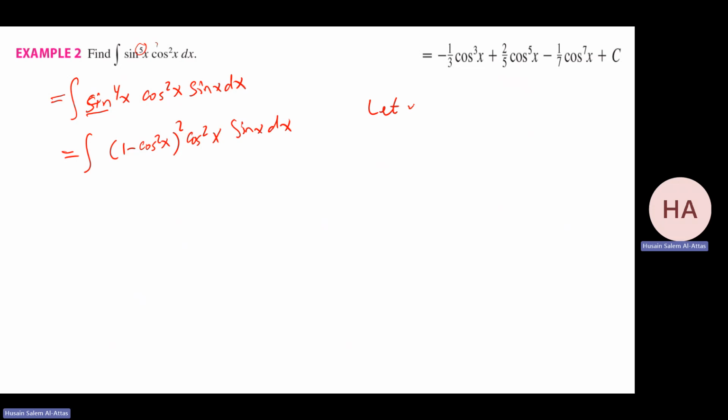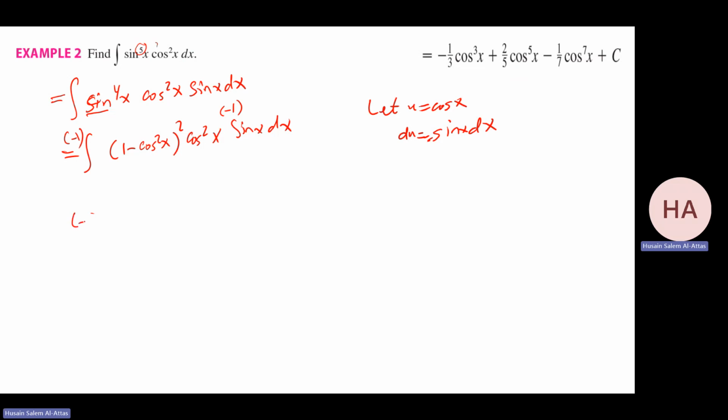Now I let u be cosine x, du will be minus sine x dx. I need a minus sine there and a minus outside.